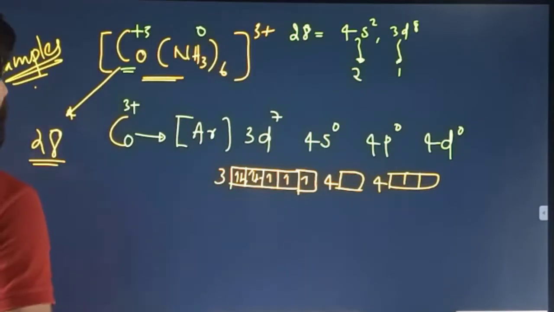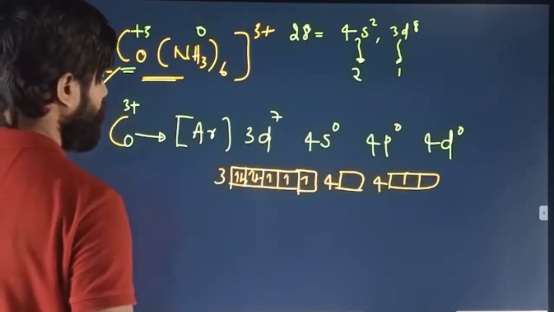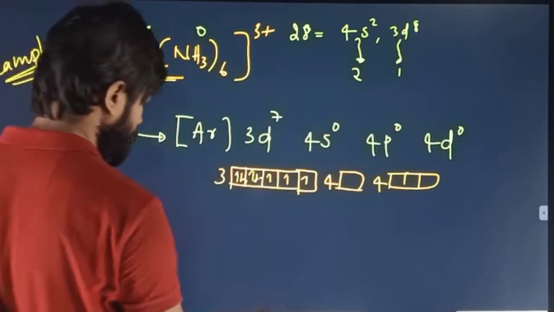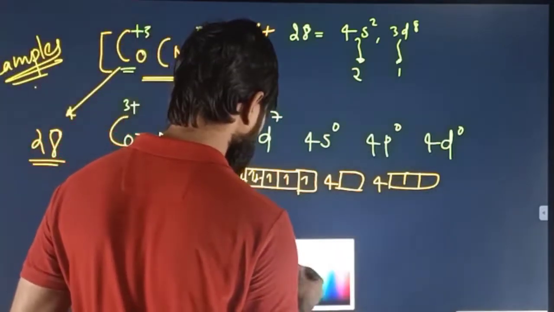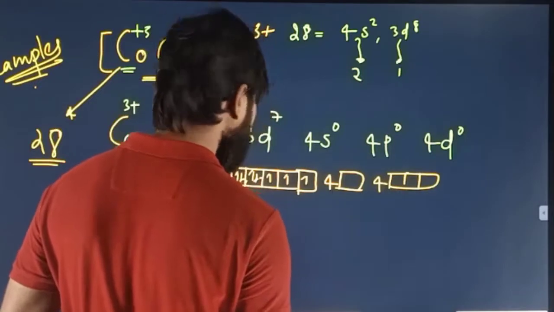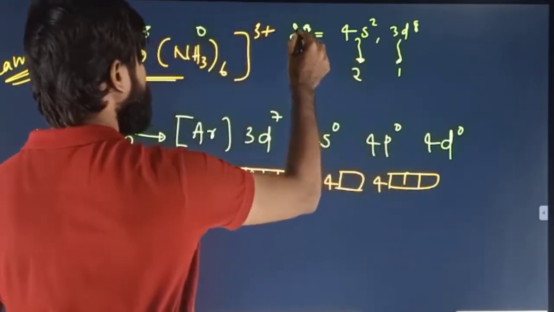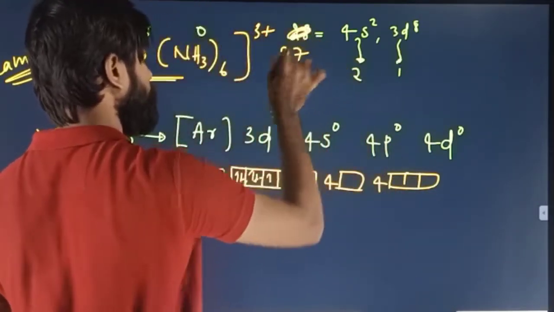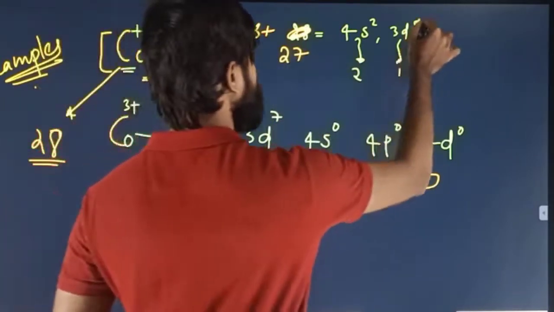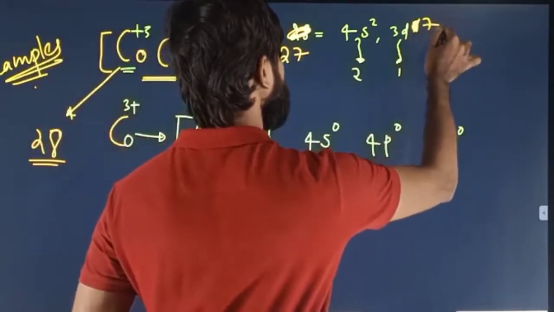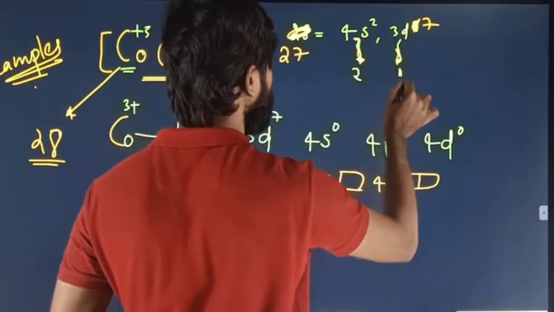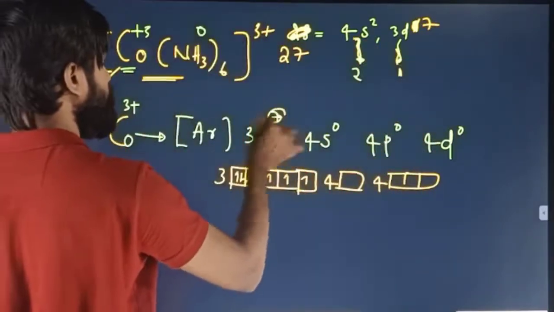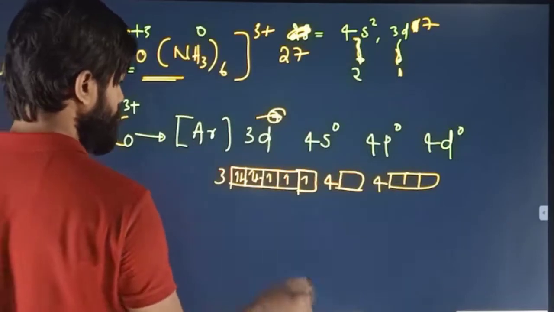I'm sorry, there is something wrong here. I'm really sorry, here is a mistake. Cobalt actually has 27 electrons. So this is 4s2 3d7. If 2 from here, 1 from here, the remaining is 3d6.